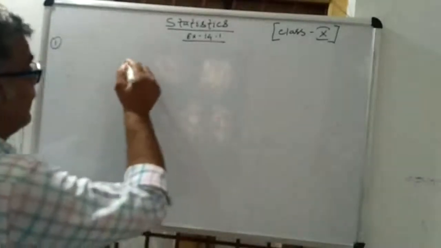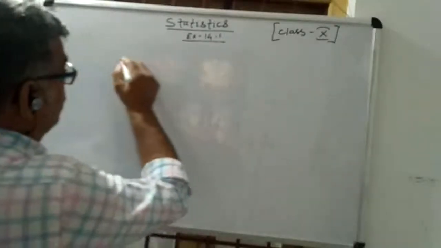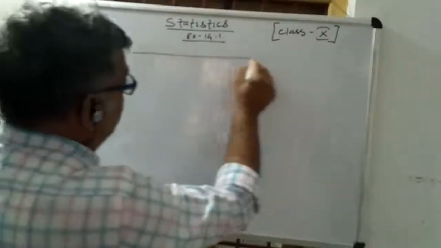There is a table given. So first we draw the table.